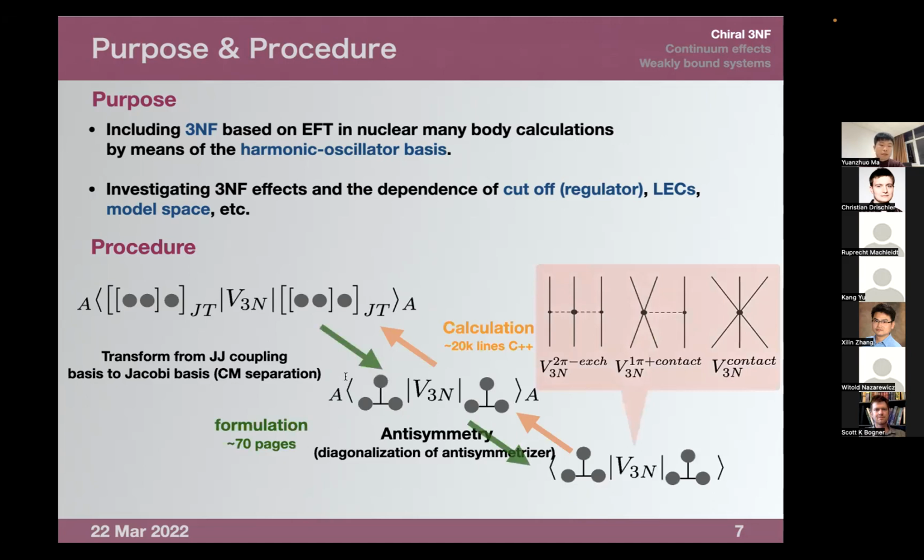First, we need to transform the basis from the JJ coupling basis to the Jacobi basis, during which procedure the degree of freedom of the center of mass will be separated. Since the matrix elements need to be antisymmetric, here we diagonalize the antisymmetrizer to make it antisymmetric. And at last, we need to calculate those 3 diagrams in the Jacobi basis.